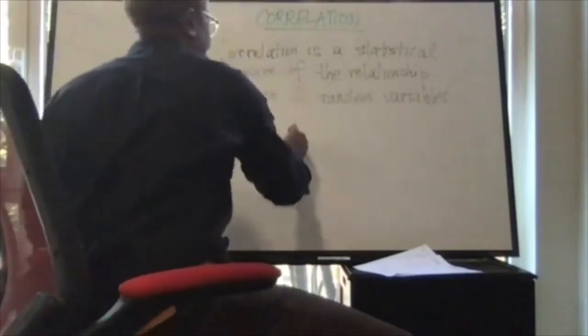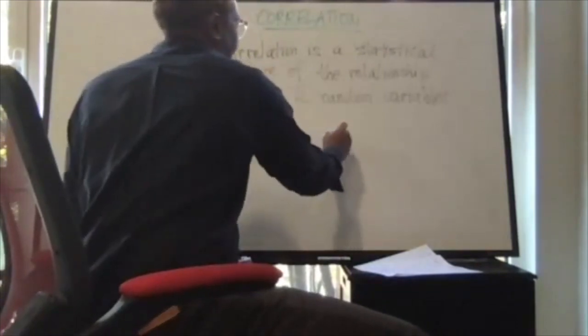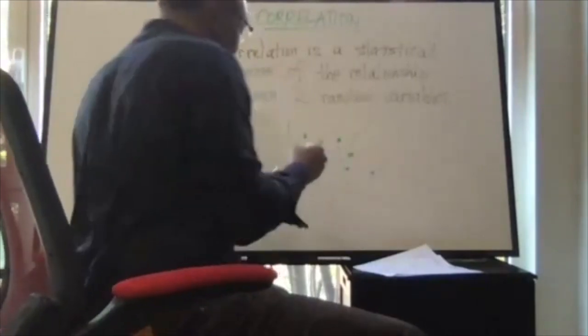Okay, so when I had this drawing that was up here, say for example, I don't know what the data represents, but I'll make up something. So let's say this is X and this is Y. Now notice this. This looks like a negative relationship, even without looking at the regression line.